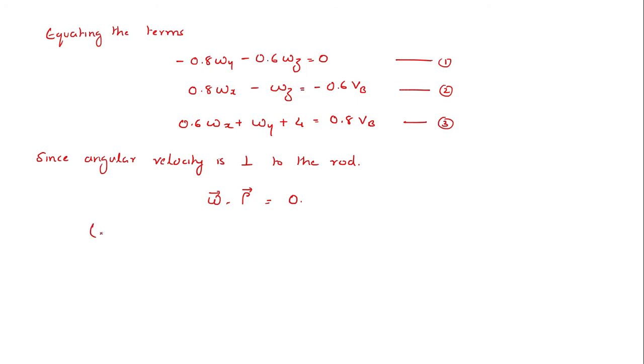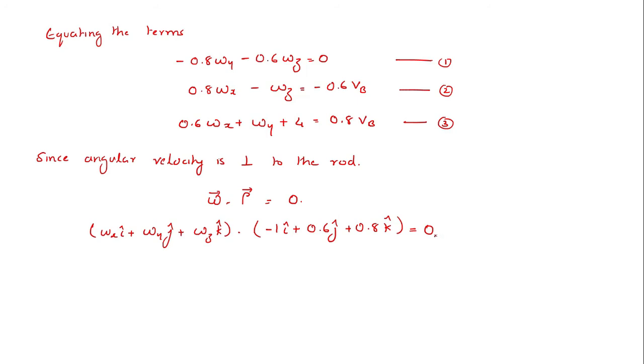So omega x into i cap plus omega y into j cap plus omega z into k cap dot minus 1 into i cap plus 0.6 j cap plus 0.8 k cap will be equal to 0.